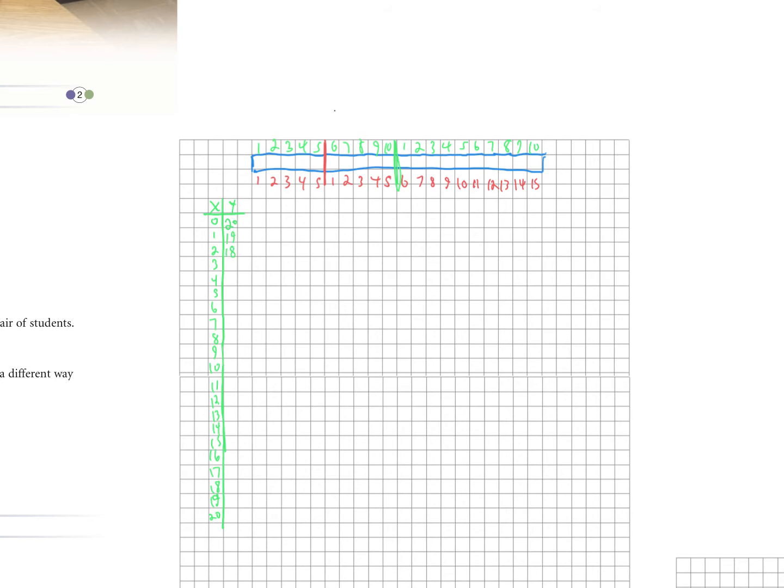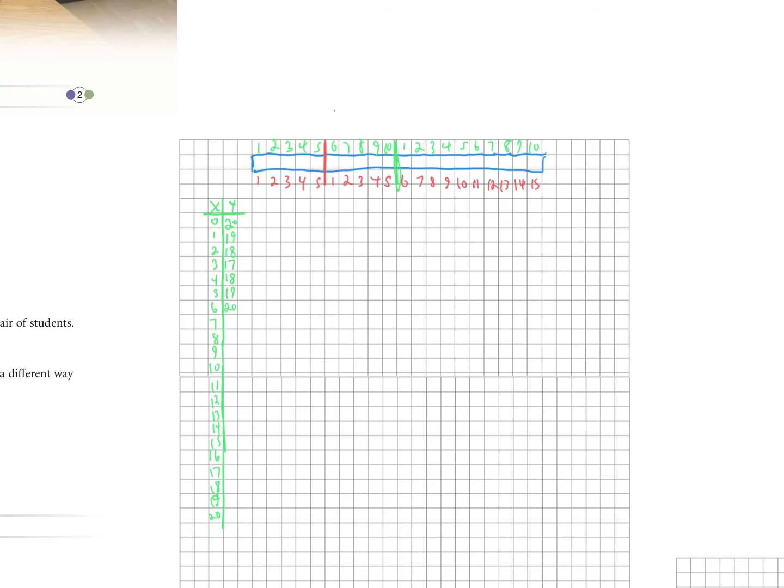And then if X was 2, Y would be 18. So if my first piece of ribbon, no matter where I cut it, is 0, the second is 20. If my first piece of ribbon is 1, the second is 19. If the first one is 2, the second is 18. And this pattern continues all the way down.